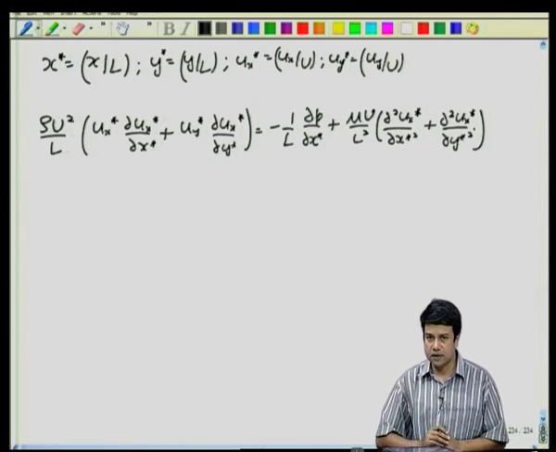So, that is what you get for the x equation, and similarly for the y equation, you will get the same.